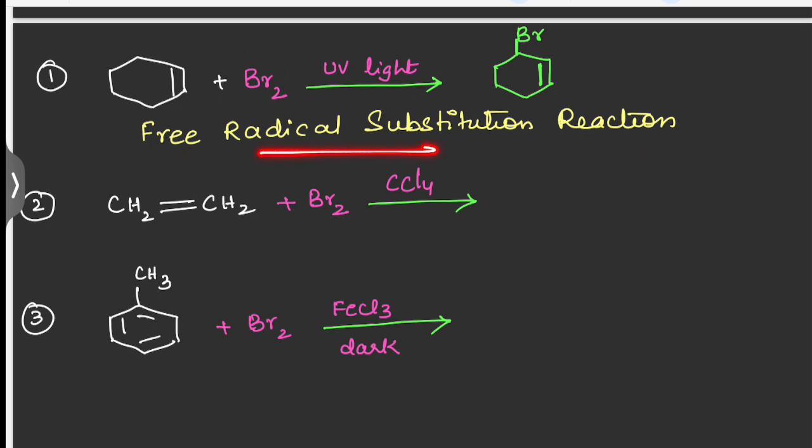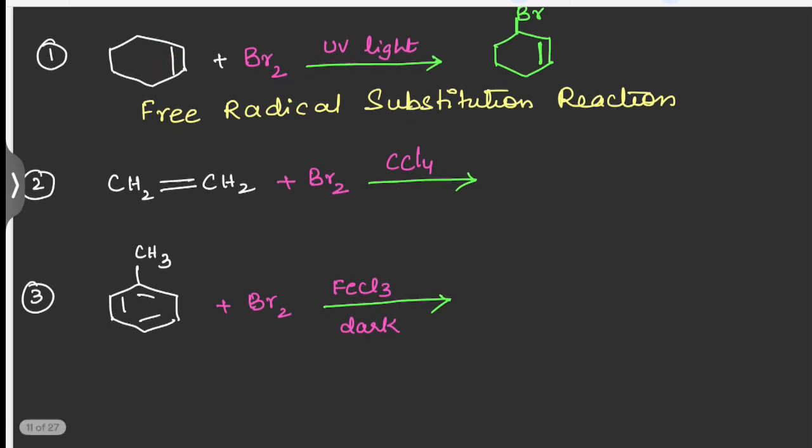Substitution meaning is hydrogen will be substituted by bromine. Since it is free radical, see where stable free radical will be formed. Always next to the double bond, the free radical which is formed will be stable because it is stabilized by resonance.